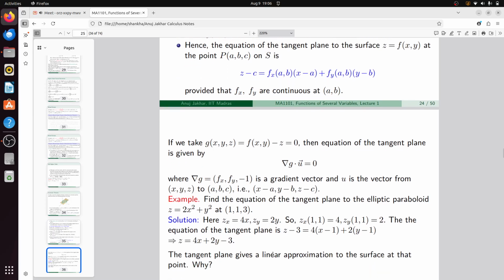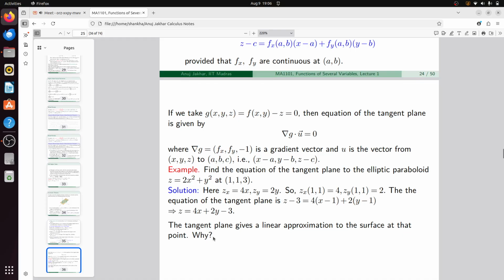Sorry, you need to put 1,1 in the coefficients, so 4x becomes 4 and 2y becomes 2. With a little calculation, you get the tangent plane equation 4x plus 2y minus z equals 3. Now the tangent plane gives a linear approximation to the surface at the point.